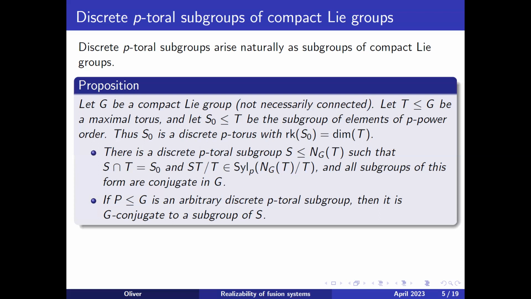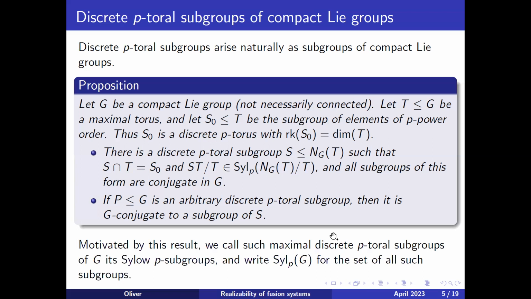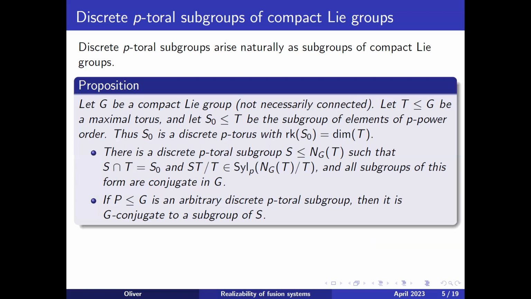And then the key properties are that you've got discrete p-toral subgroups S inside of the normalizer of the torus, with the property that S intersect T is S naught, and the image of S in the quotient, the Weyl group N of T mod T, is a Sylow p-subgroup of N of T mod T. So what you're looking at really is an extension of S naught, this discrete p-torus inside of the maximal torus, by a Sylow p-subgroup of the Weyl group.